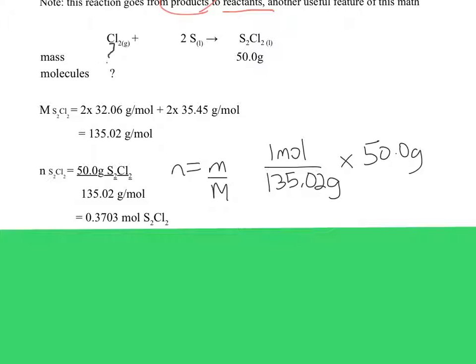Grams cancel. You get the same number, 0.3703 moles. You'll notice that we're keeping one extra significant digit because this is an intermediate calculation.